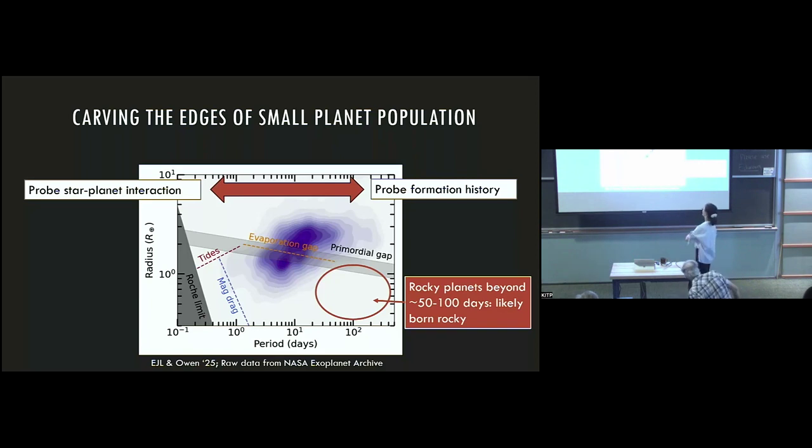Okay. The farther and farther out, we just don't have data, unfortunately. I think for the USP population in particular, not necessarily the edges, but the overall occurrence rate, their dynamical properties, and their ages.